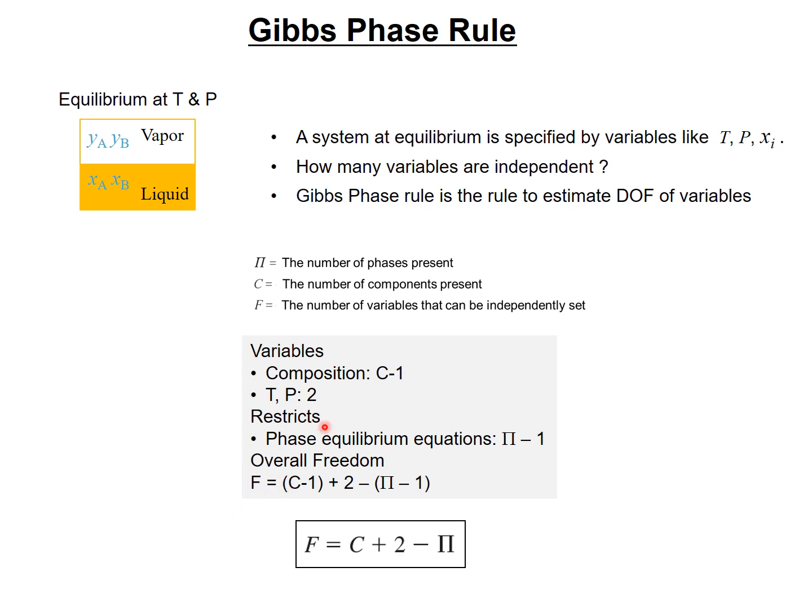F is equal to C minus 1 plus 2, that is the total variables or total freedom, minus the restrictions, Pi minus 1. So here is the final equation, which is known as the Gibbs Phase Rule: F, freedom, is equal to component plus 2 minus phase. We'll use this equation to estimate the degree of freedom of your equilibrium state.